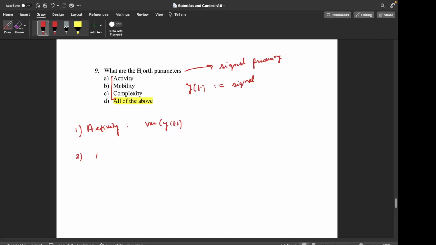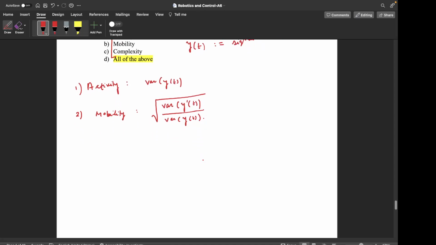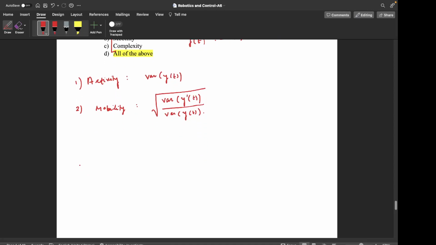Second is mobility, right? So mobility is defined as the square root of the variance of the first derivative of that signal divided by the variance of the signal, right? This is mobility. And the third one is complexity.